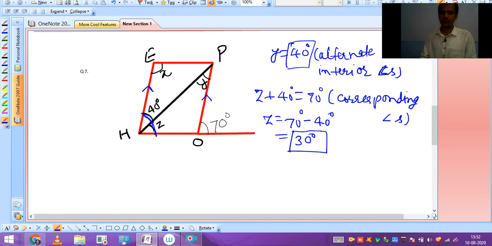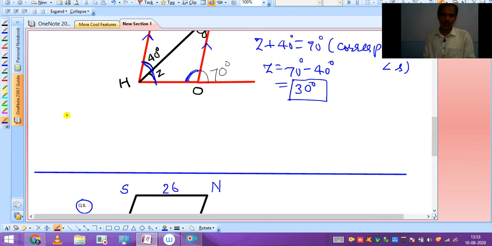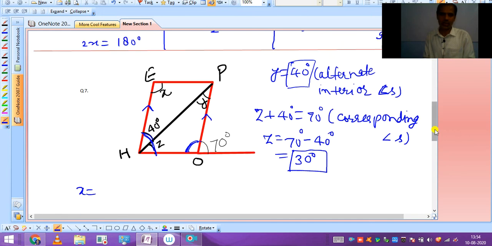Now x is remaining. To find the measurement of x, you know that opposite angles are equal in a parallelogram. So here this angle which makes a linear pair with the 70 degree angle will be equal to angle x. Okay, now how to find the measurement of this? So we can write the steps as angle x equals, this is angle O, you can write POH.